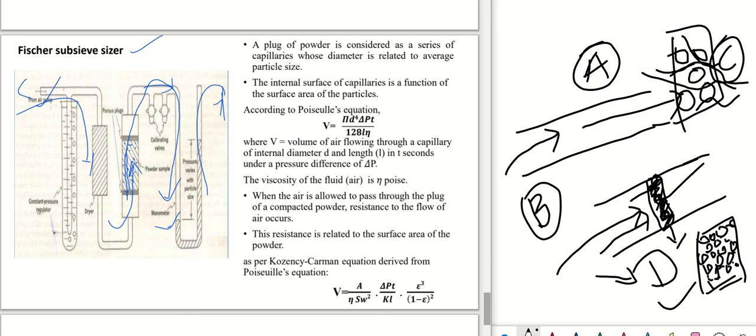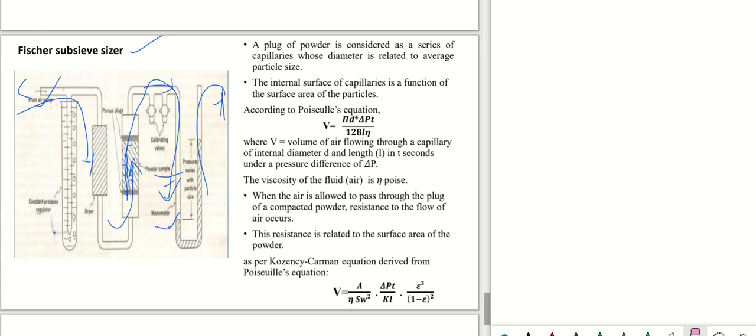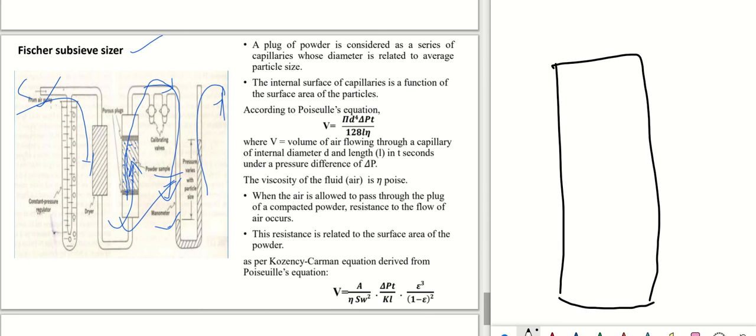Here the pressure difference would be different, and here the pressure difference would be different because of the small channels. Now let's see this part. This is our sample holder. In this sample holder we have added the powder sample, for which we need to know the specific surface area.